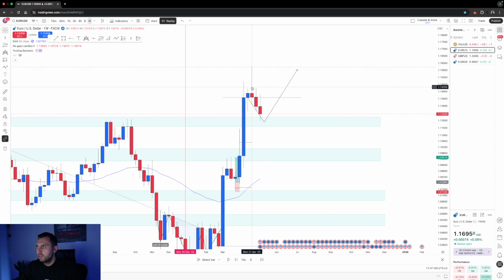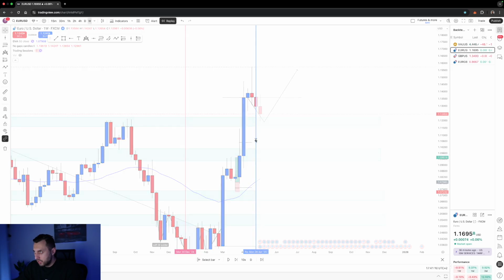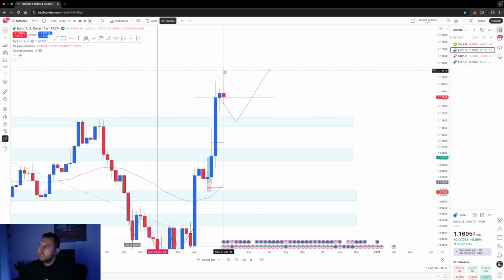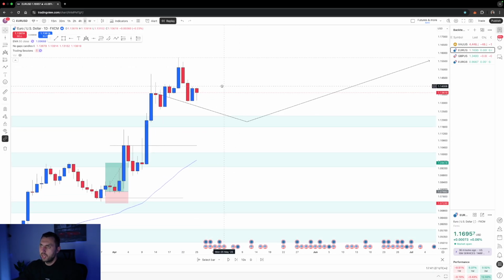On weekly we saw this rejection, so if we go back, let's go back, so we can understand it better. Yeah, here, for example, yeah, we saw this rejection. The price created a higher high and created this rejection on weekly.